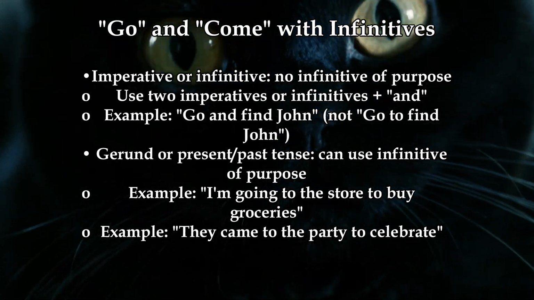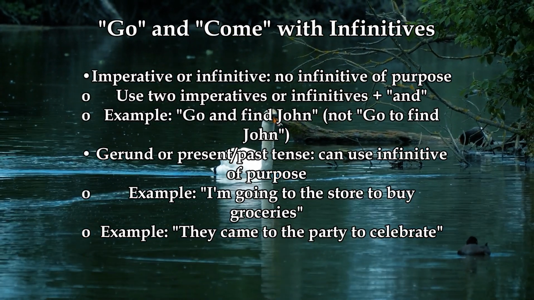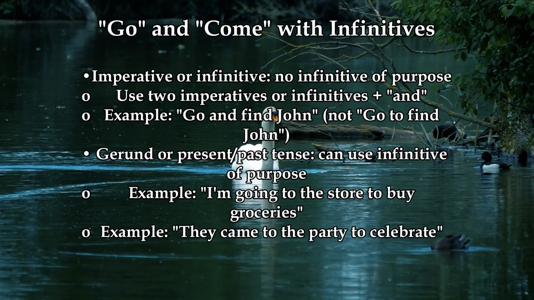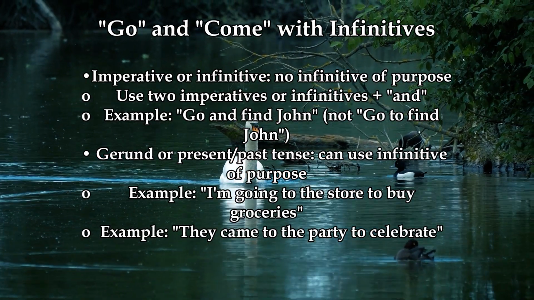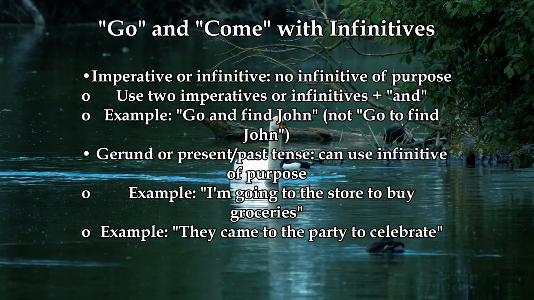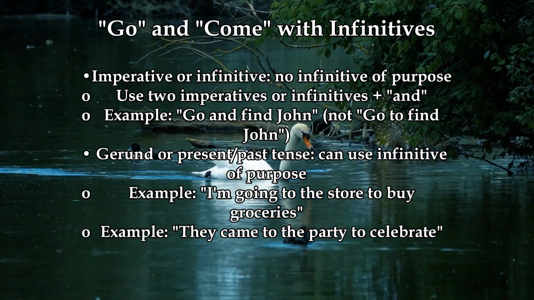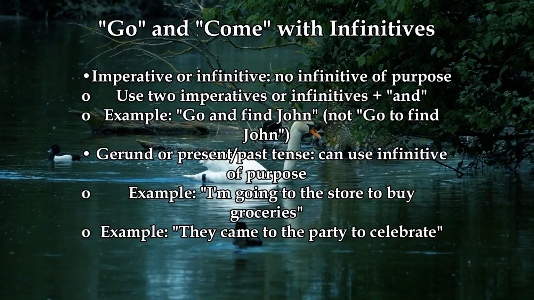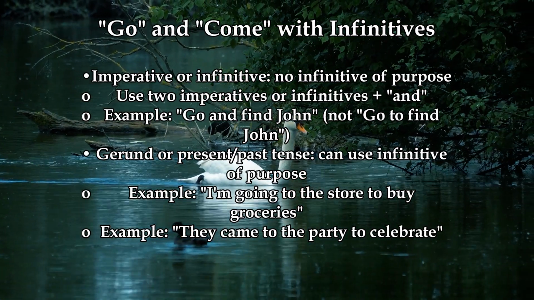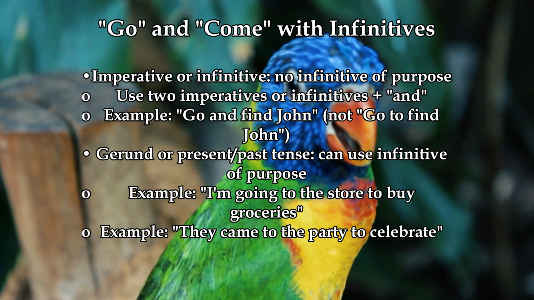Instead, we use two imperatives or two infinitives joined by "and." It's like they're the dynamic duo teaming up to express purpose. For example, instead of saying "go to find John," we would say "go and find John." Similarly, instead of "come to talk to Sarah," we would say "come and talk to Sarah." It's like the verbs are holding hands, marching together towards a common goal.